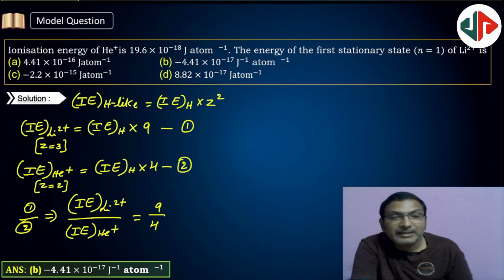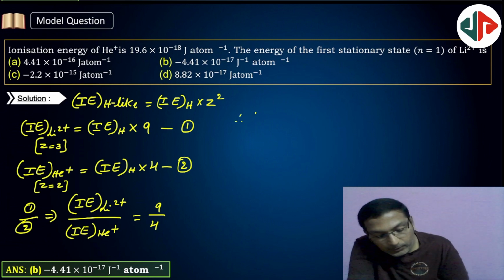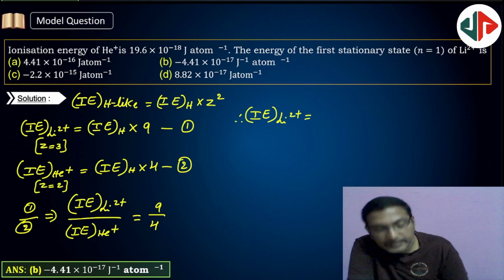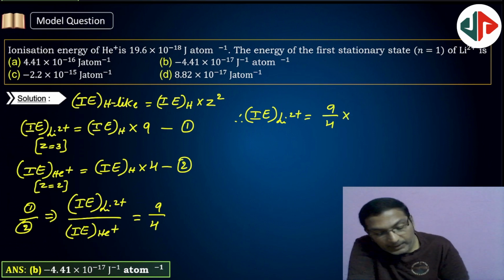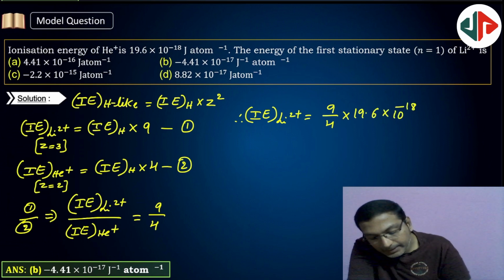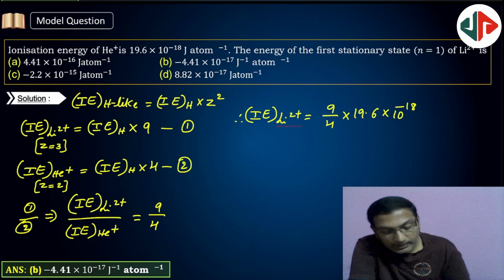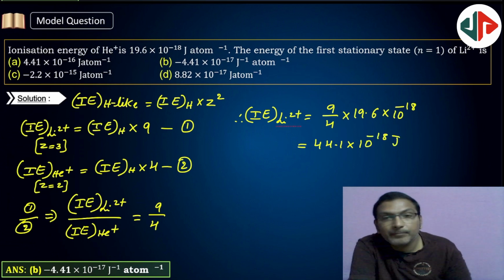Next, ionization energy of He plus is given. So therefore, ionization energy of Li2 plus is equal to 9 by 4 into the ionization energy of He plus, 19.6 into 10 power minus 18 joules. So we'll get this value as 44.1 into 10 power minus 18 joules.